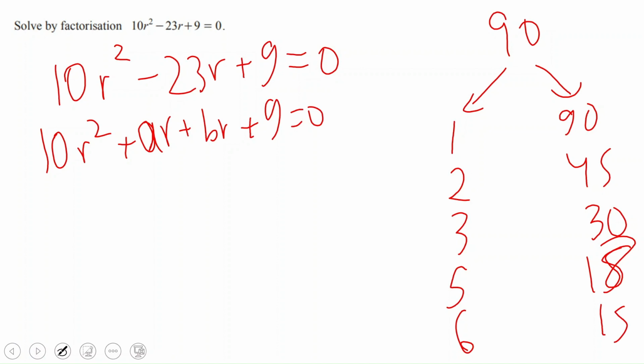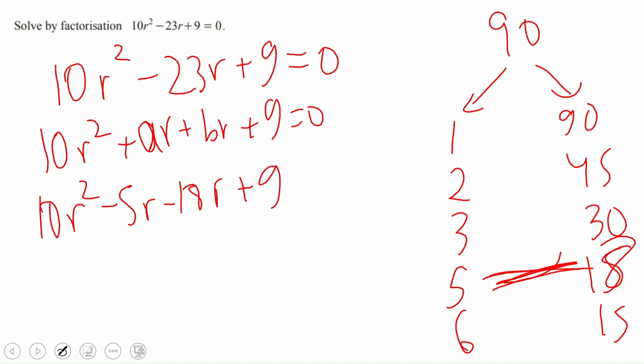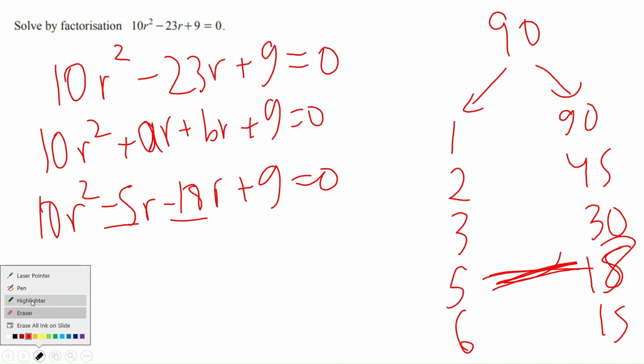And if you just stop over here, these will be the answers. So minus 5 minus 18 is equal to minus 23, and minus 5 into minus 18 is equal to 90. So that's going to be the answer. We just factorize it now. So instead of taking just r common, we can take 5r common.